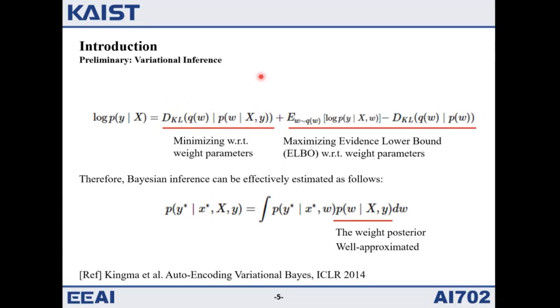Alternatively, the same optimization effect is obtained by maximizing the evidence lower bound, namely ELBO, with respect to the weight parameters. So, it can be formulated as this equation. Then, through the approximate method of variational inference, Bayesian inference can be implemented with a well-approximated weight posterior.